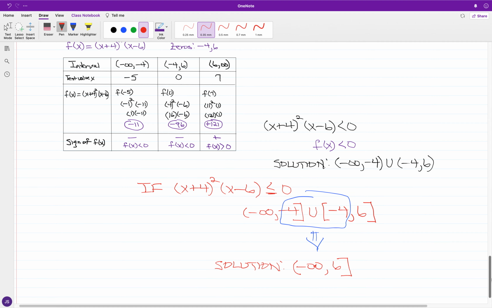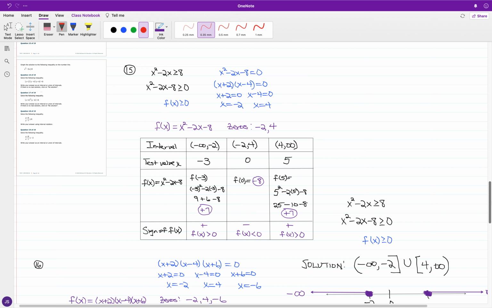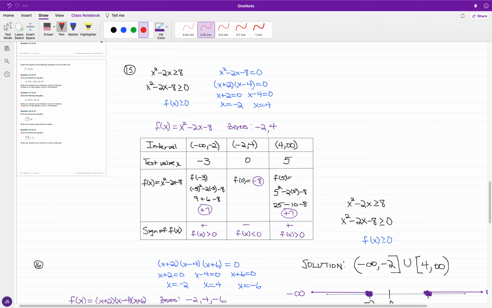Okay, and I was going to mention, now for the case that we have for number 18: x plus 4 over x minus 7 is less than or equal to 0.